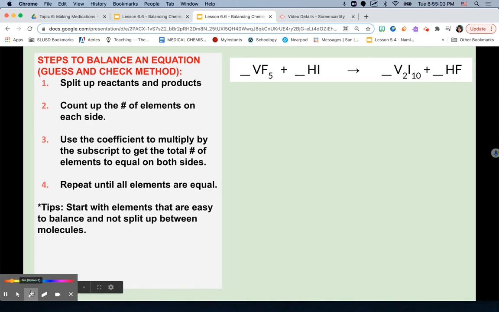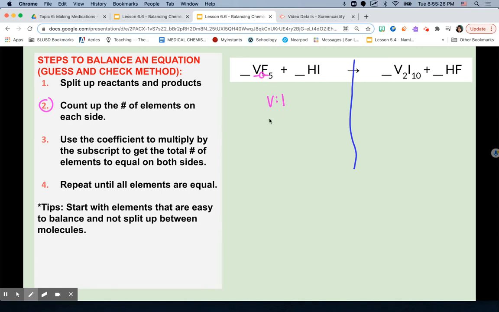Same thing as before, I'm going to split up my reactants and my product side. Reactants before the arrow, products after. Then I'm going to count up the number of elements on each side. So here I have V. Subscript is not written, so it's 1.